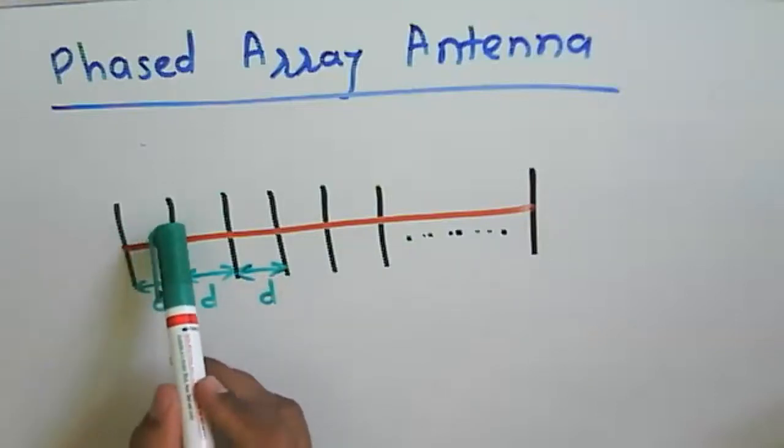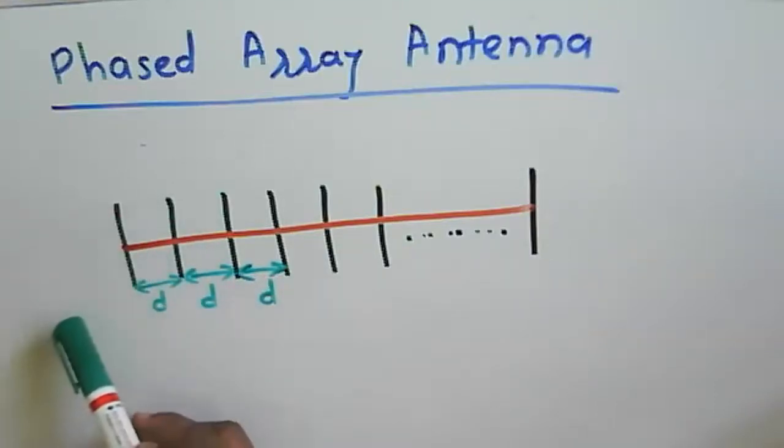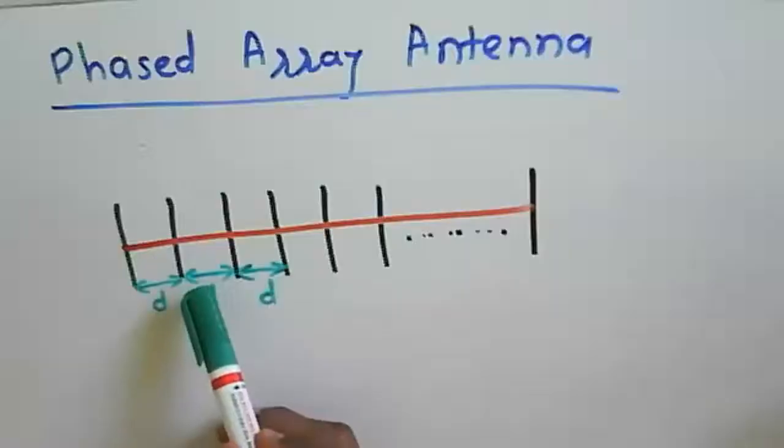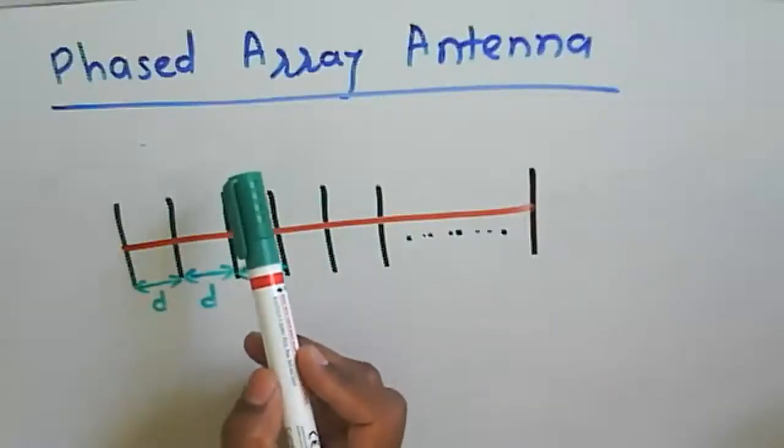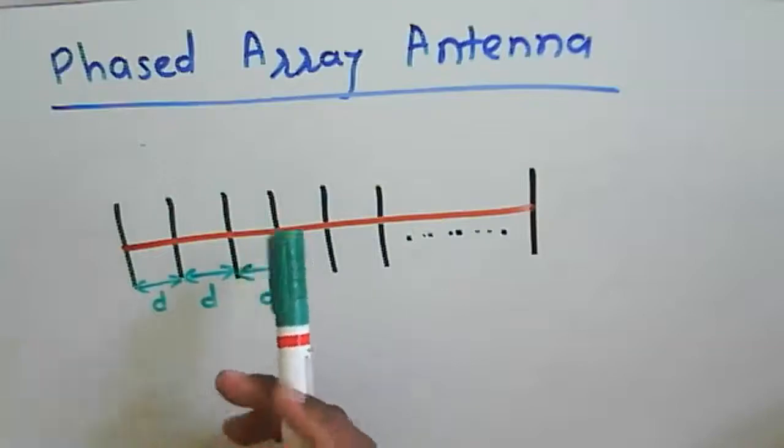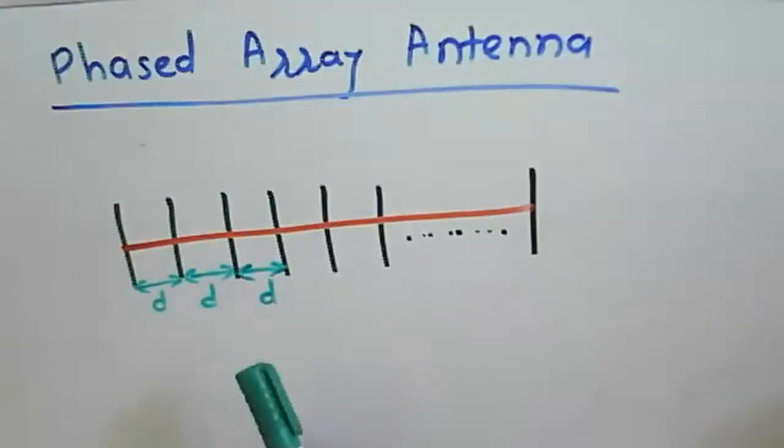So what should be the phase difference between these two elements, so that we get a radiation pattern towards a particular given direction?